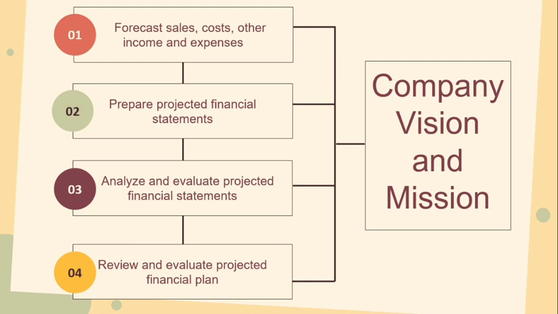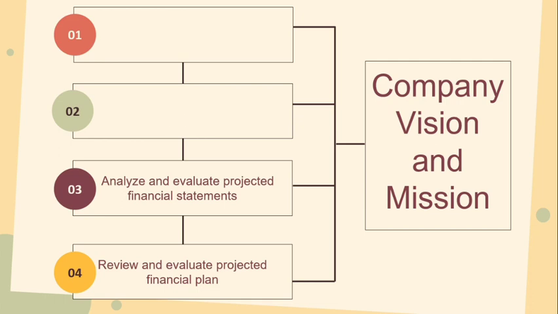So, nahuman na tag forecast sales, costs, and other income and expenses. Nakahimo na tag budgeted sales, budgeted production. Then, nahuman na po tag prepare sa atong projected financial statements. So, we will now analyze and evaluate projected financial statements. To analyze and evaluate projected financial statements, we will just utilize katong horizontal and vertical analysis as well as financial ratio analysis.